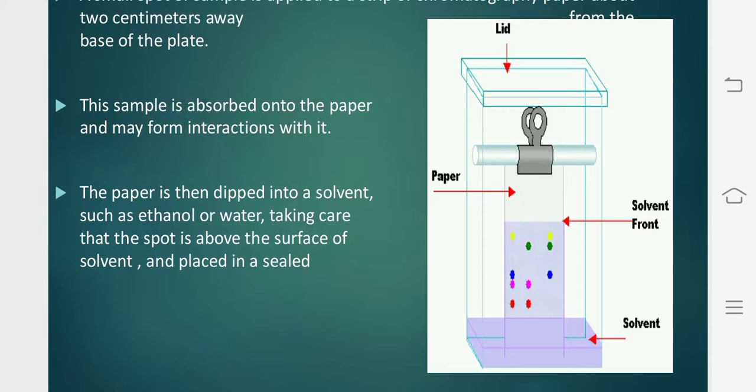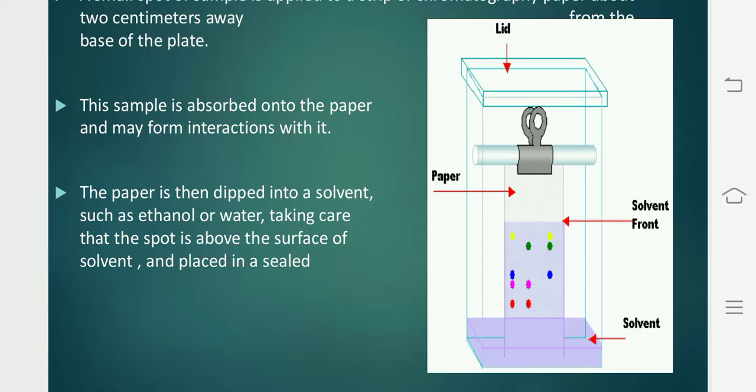Here is a solvent which is placed in a beaker or any type of container. Then the paper is placed in the solution and spotting is done.